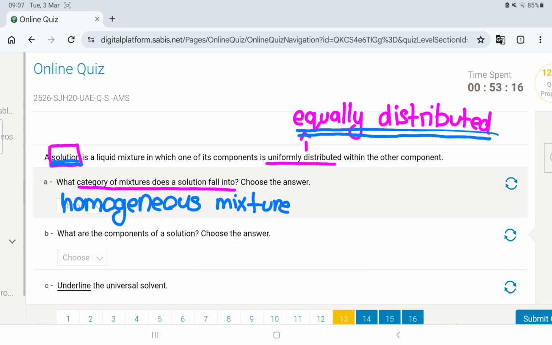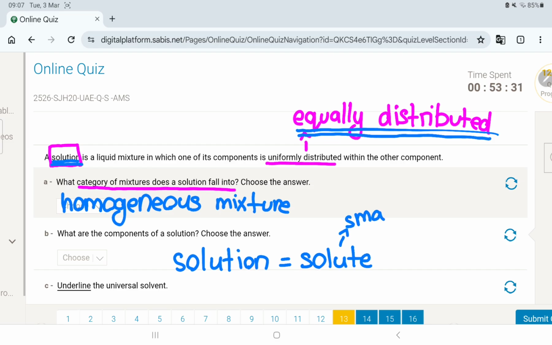What are the components of a solution? Remember when I wrote a few questions ago that a solution is equal to a solute, the small part that dissolves, plus the solvent.